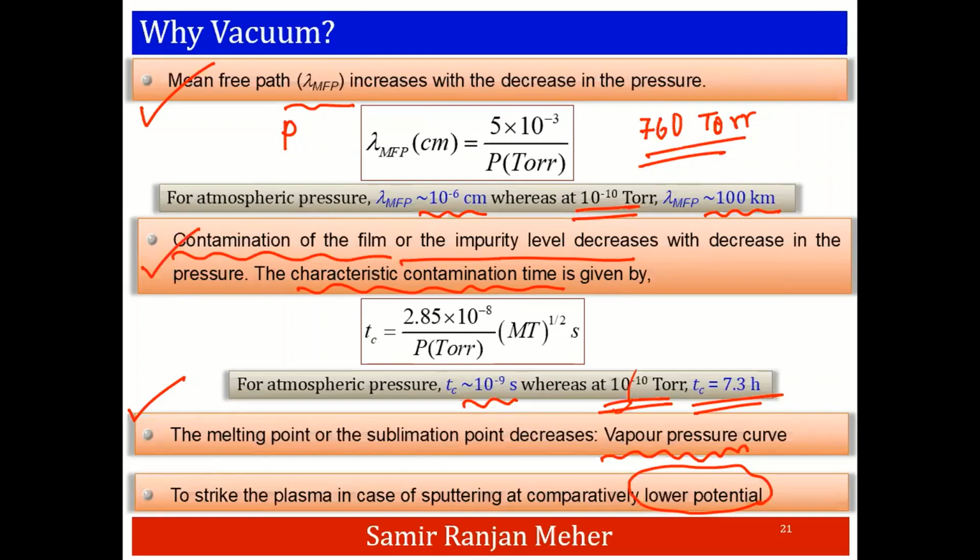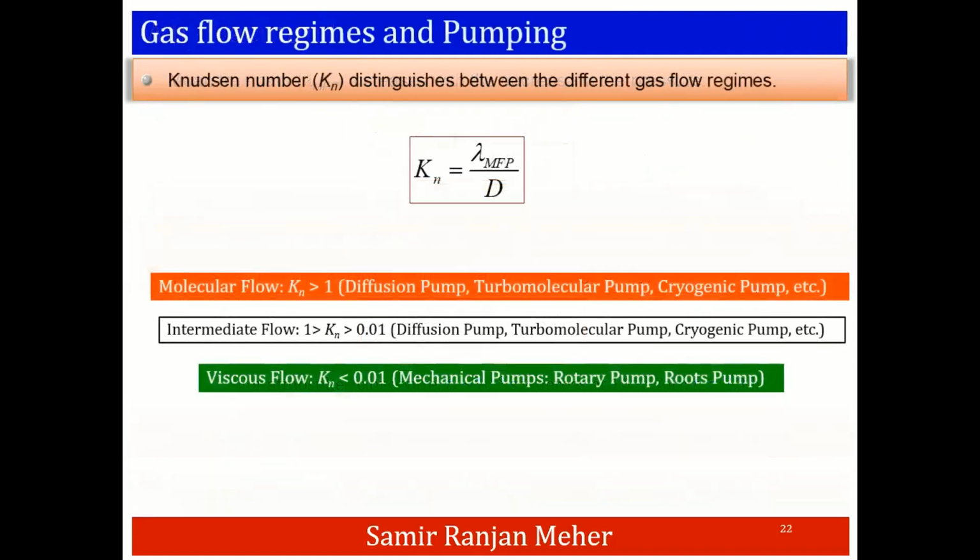Depending on the pressure inside the chamber, we can distinguish the flow of the gas in 2 or 3 different regimes, and this is decided by the Knudsen number. It is defined as the ratio between the mean free path and the chamber size, where D is the size of the chamber. If this number is more than 1, then we call it molecular flow.